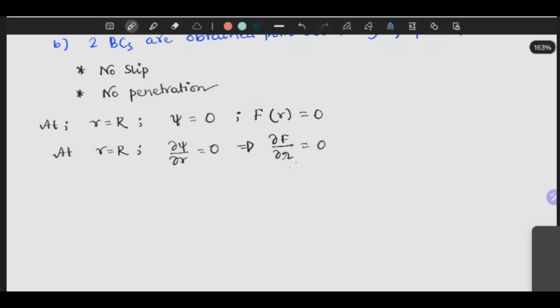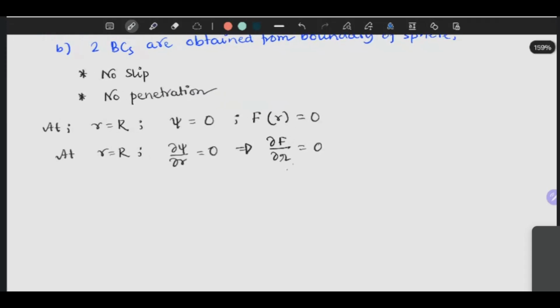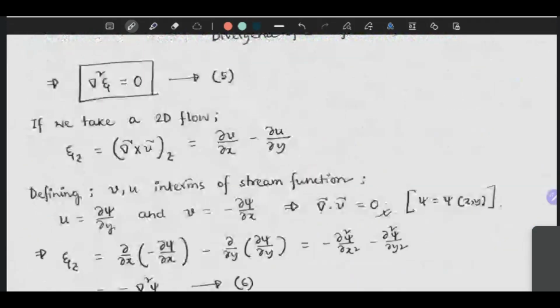This r is the coordinate in the spherical space, and at r tends to infinity, this is from penetration, f becomes u infinity r square by 2, which we calculated earlier.